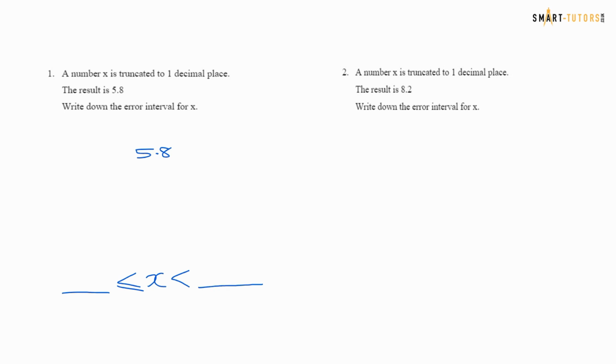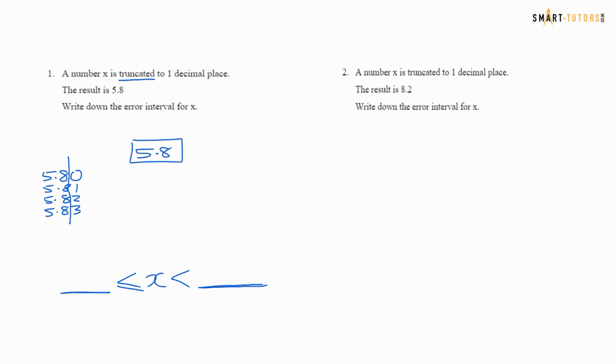We need to fill in what numbers are going to come in the blanks here, right? So the answer is 5.8. This is a truncation question, careful, not a roundup question. Truncation means somebody has cut this number, so maybe it was 5.80 or 5.81 or 5.82 or 5.83. Somebody has cut after the first decimal.